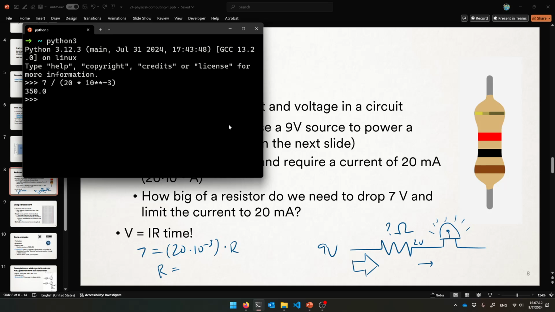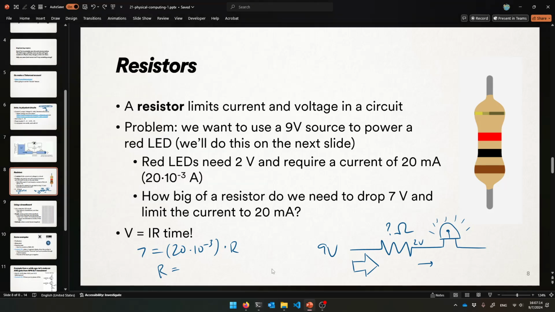It looks like 350 exactly. We want a 350 ohm resistor. Bam. That's how we're going to do that.